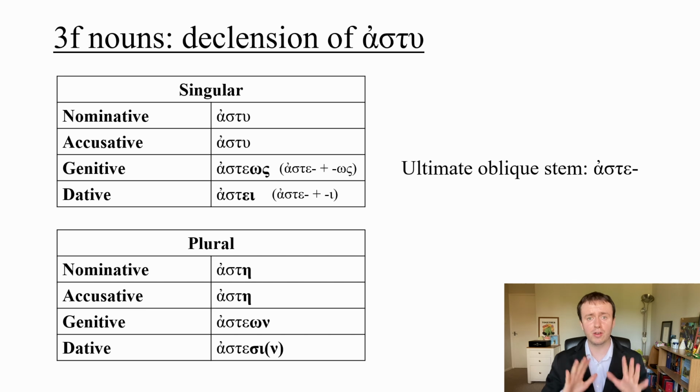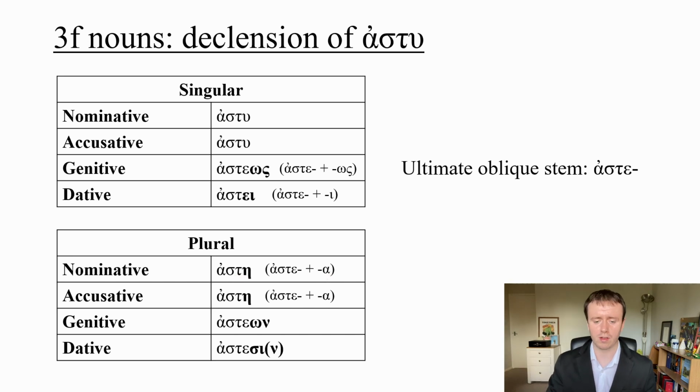So we're using the neuter ending here rather than the masculine/feminine ending. So we take the oblique stem aste and we add the typical neuter ending a, and it becomes astea. And we do that in both forms. So that's the third way in which this declension differs from that of a 3E noun.